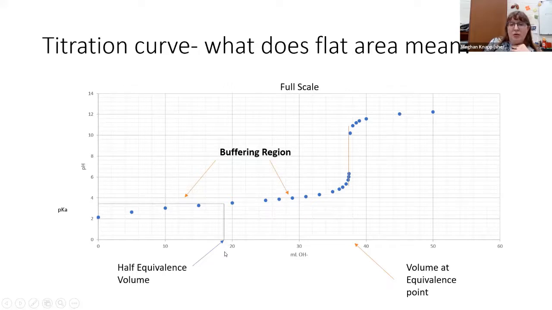So we draw in tie lines coming up from this volume up to where the graph is. And you might need to sketch in where that line is so that you can see it. And then over to the y-axis, this pH here, which is about 3.5-ish, that's equal to the pKa. Okay, so that's something you're supposed to find in your lab.